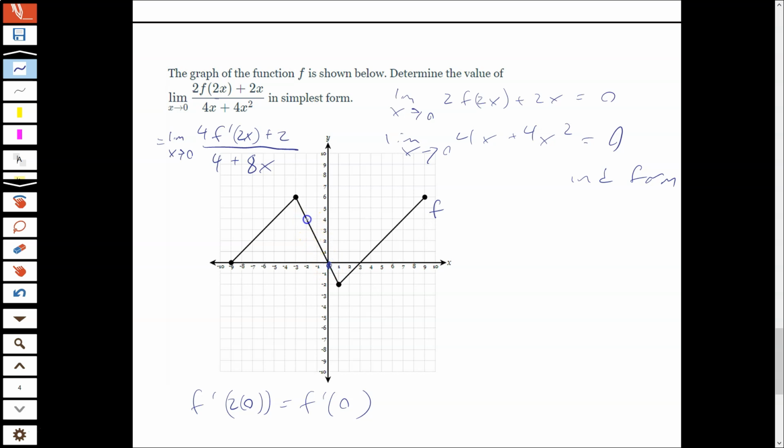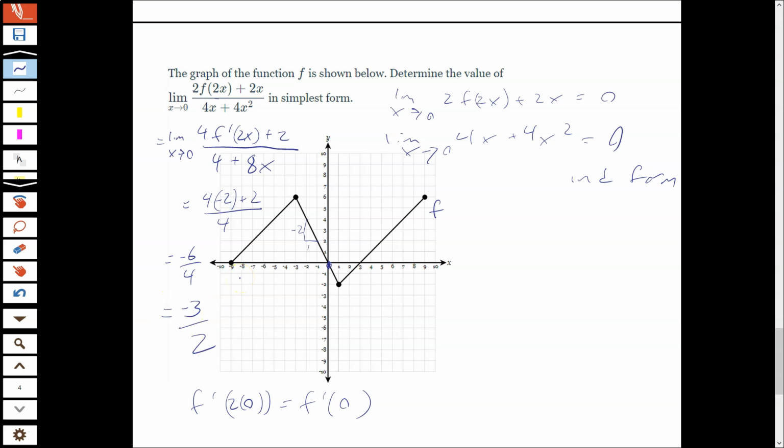The slope is negative 2, right? So what we get for our limit is 4 times negative 2 plus 2 over just plain old 4. Okay, and then this simplifies to negative 6 over 4, which simplifies to negative 3 over 2.